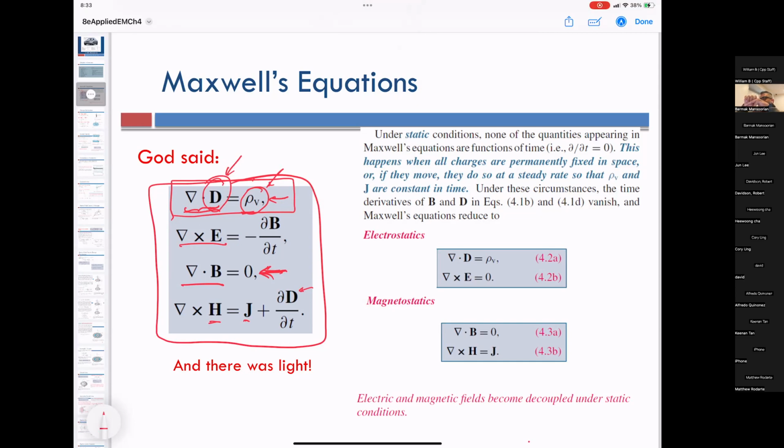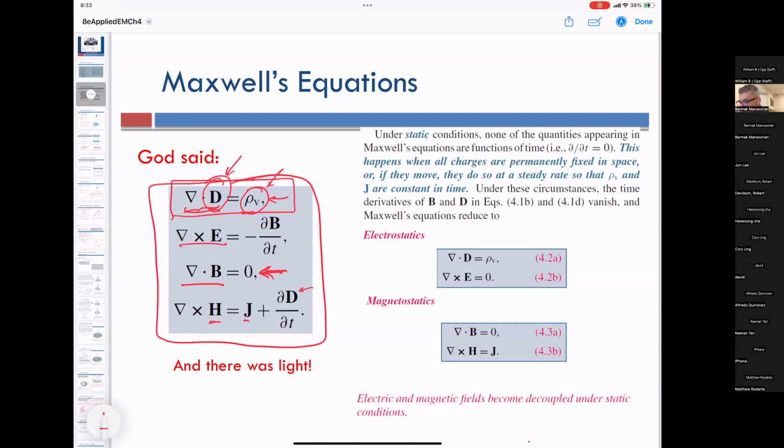So when you try to close your fist, I can close a lasso and grab something that's in a loop and capture it and get a value for it. But I can't close my fist around the loop. There's always the same value coming in as going out, and those two cancel each other out. So that basically guarantees that the divergence of the magnetic field is always going to equal zero.